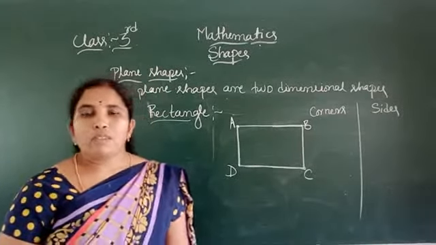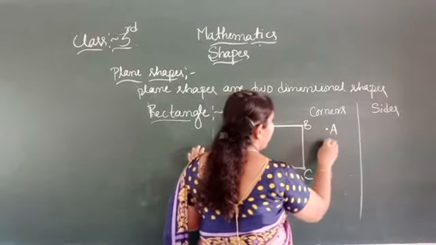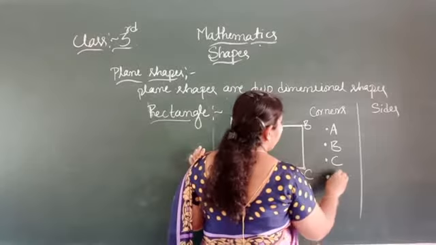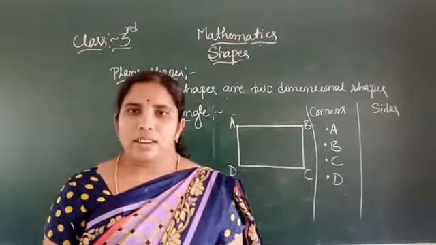There are 4 corners. Which are those? Corner A, vertex B, vertex C and vertex D. So there are 4 corners.